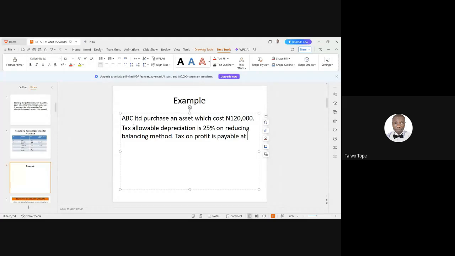at the rate of 30%. Calculate the annual tax savings on capital allowance.